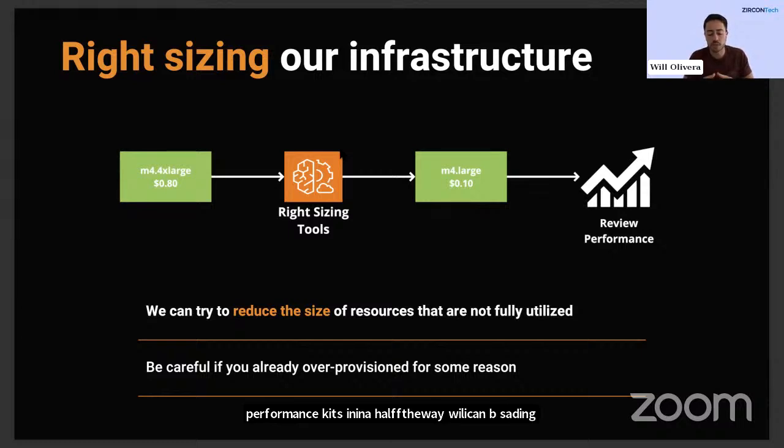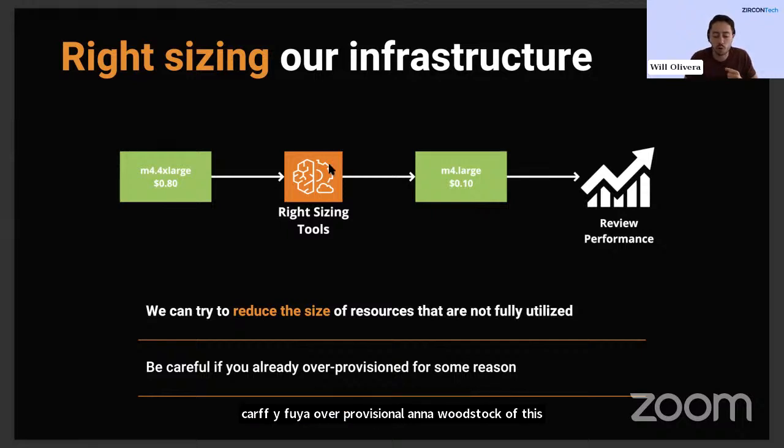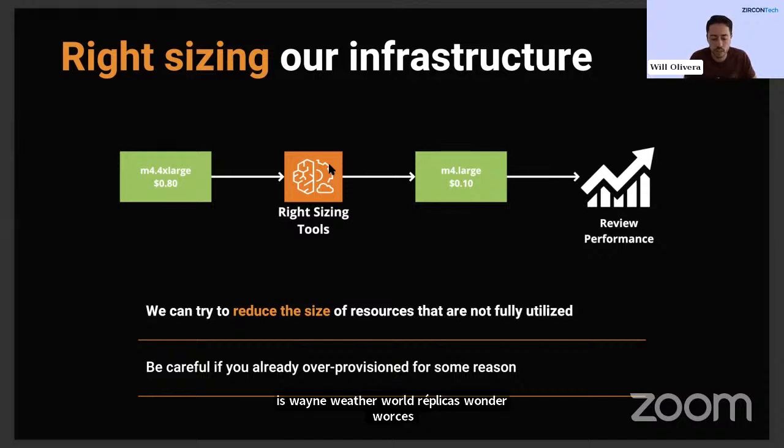Now, the second item here says to be careful if we are over provisioning for some reason. And a good example of this is when we create warm replicas or warm resources of our production solution. This is very common when we work with resilient or fault-tolerant solutions, right?